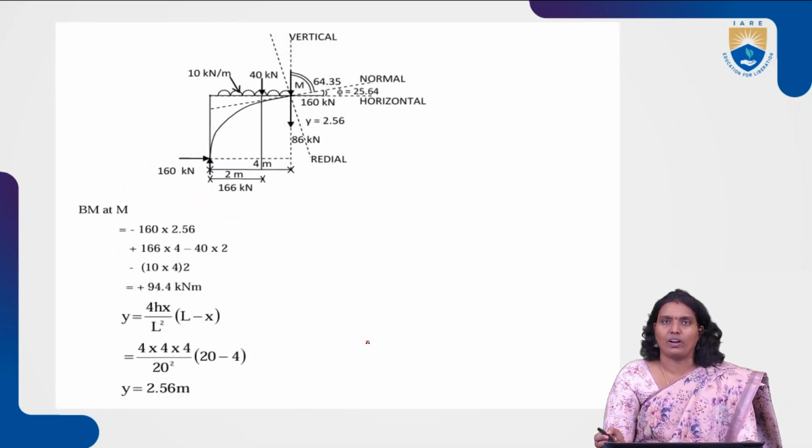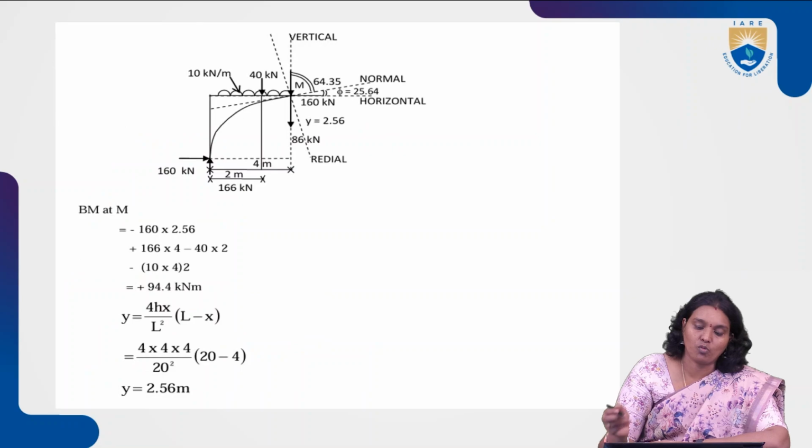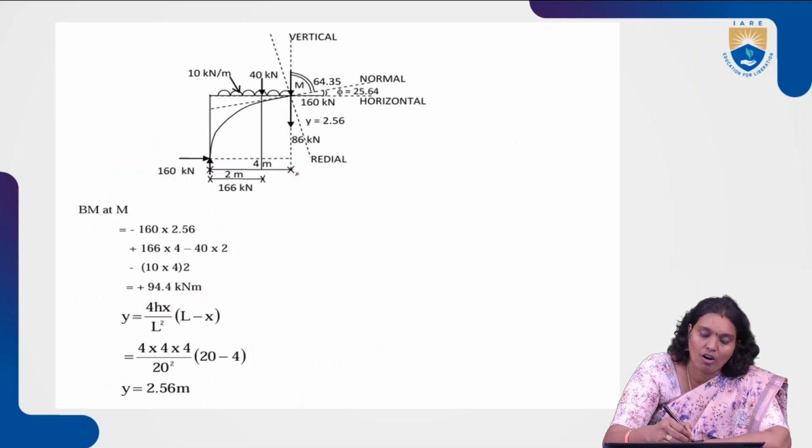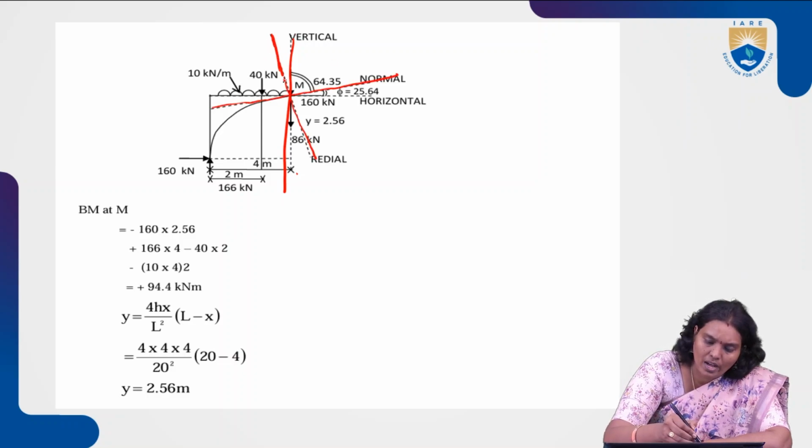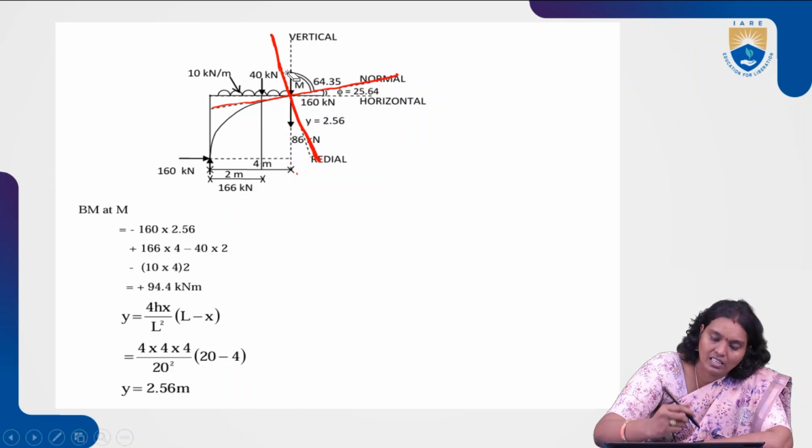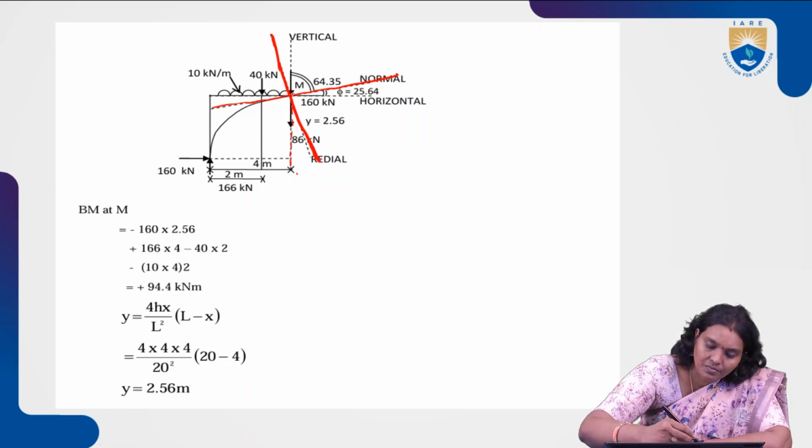Those are equal. Now find out the bending moment. So we are considering the half section at X. This is the radial portion and this is the normal equation. These two are perpendicular to each other. This is horizontal and this is the vertical line.